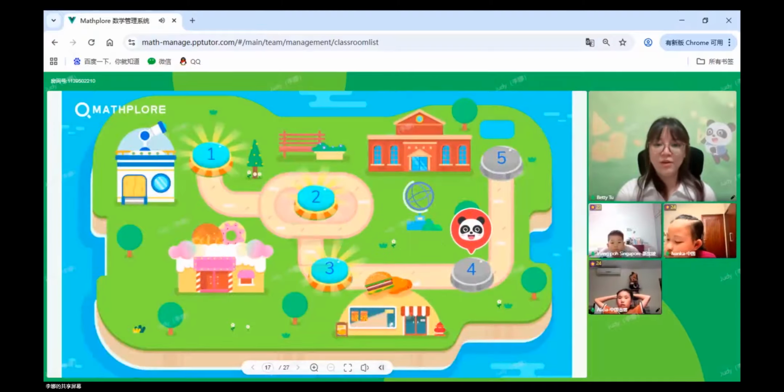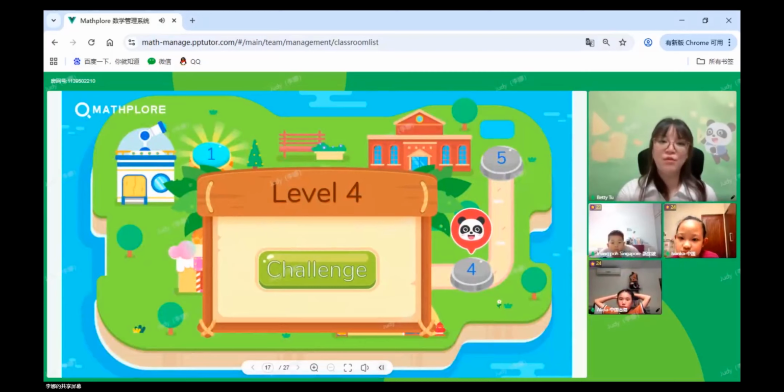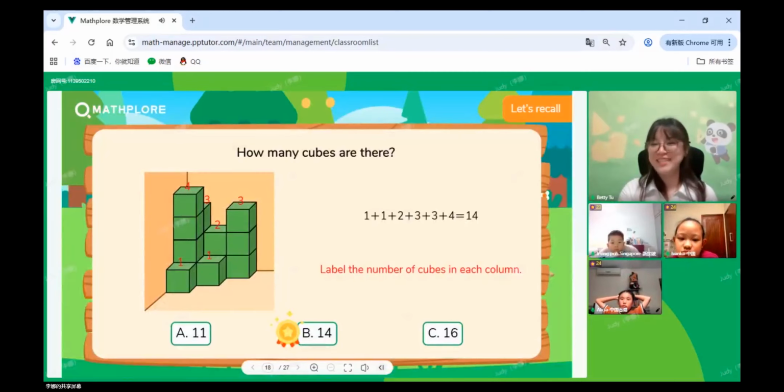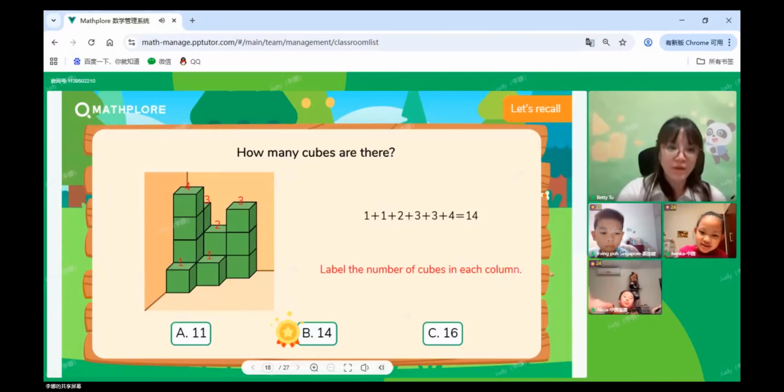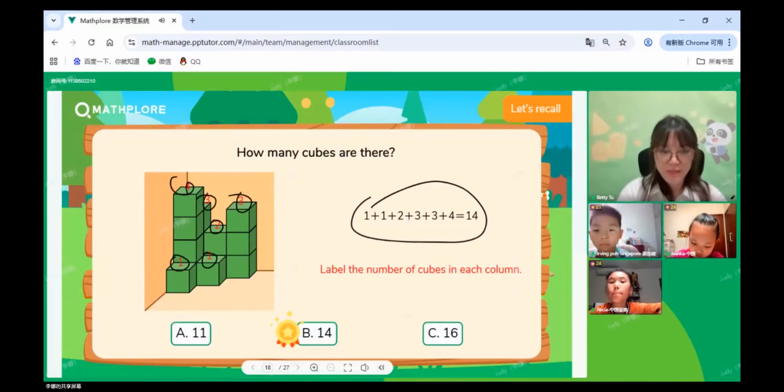Right, let's move on. So start from challenge 4, we are going to count cubes. Okay. So when we count cubes, we have 2 ways. Okay. First one, we count it in columns. If we count it in columns, we mark the number on the top of each column, right? Then plus them together.